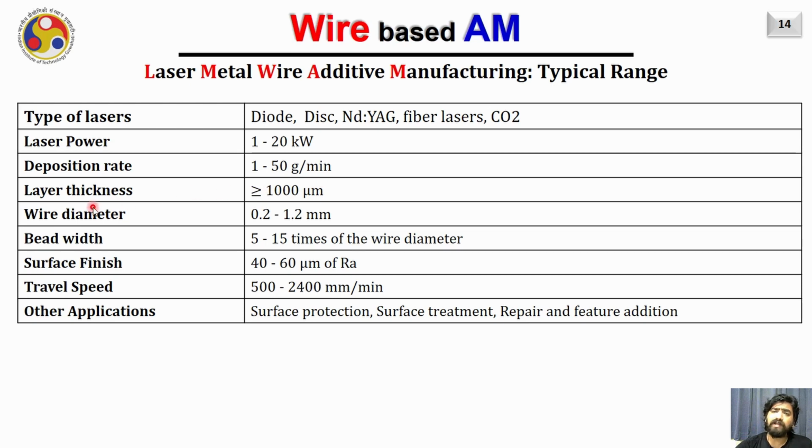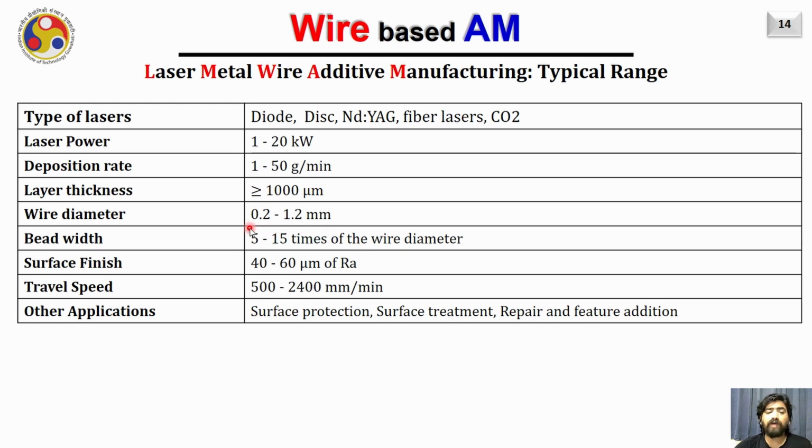Also, the typical layer thickness we usually achieve in such a system is around 1 mm, or 1000 micrometer. It is very difficult to obtain a layer thickness less than this value, but getting higher is quite possible. Wire diameter typically varies from 0.2 to 1.2 mm, and in a few systems it may go up to even 2 mm.